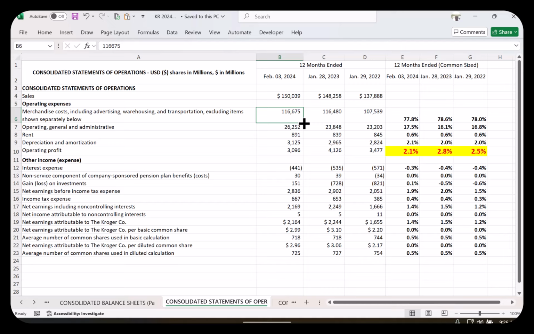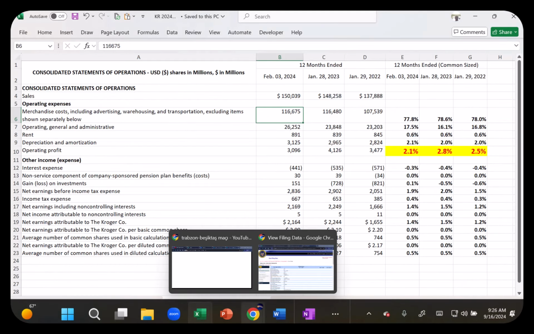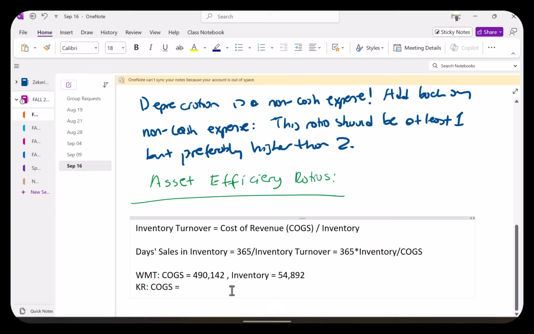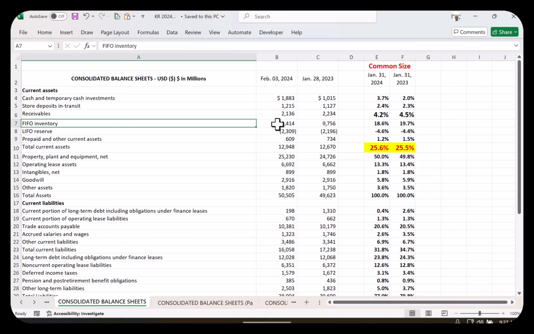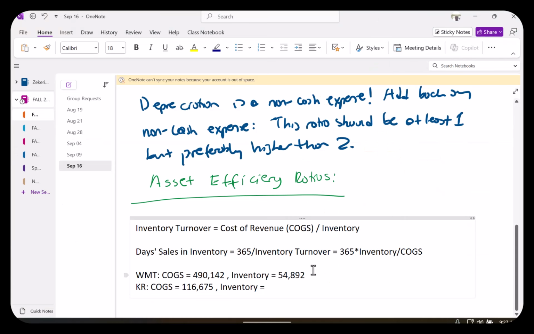It's about 116,675. I don't know what that LIFO reserve is, but let's look at the FIFO inventory, first in, first out. 9414.